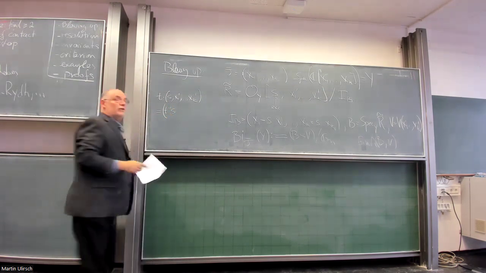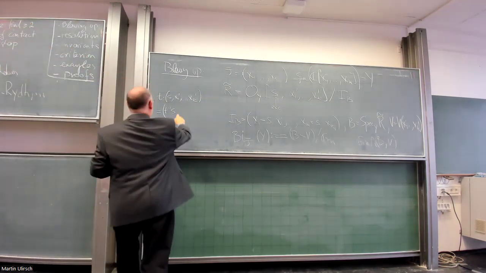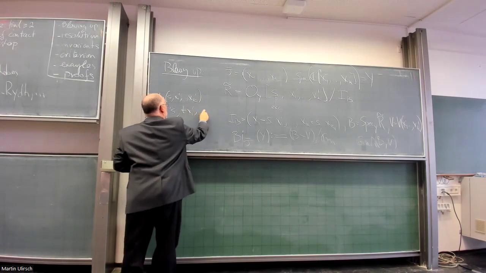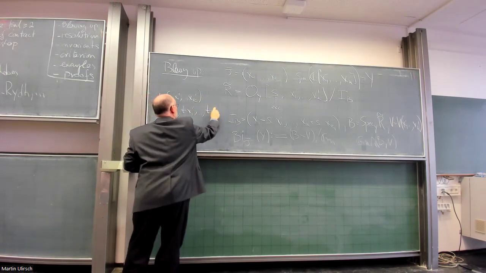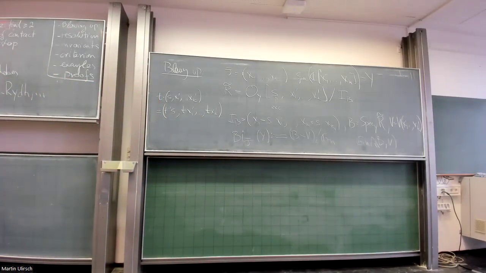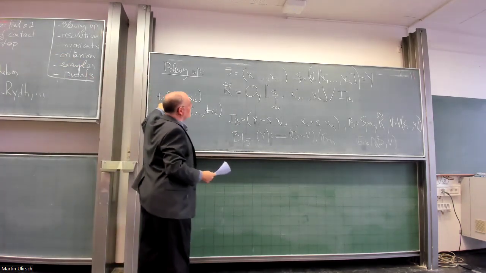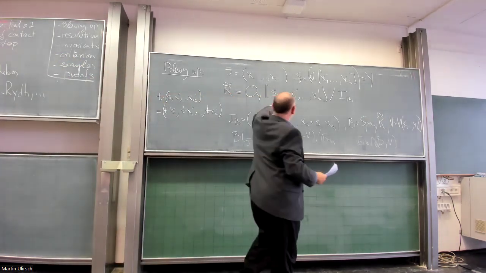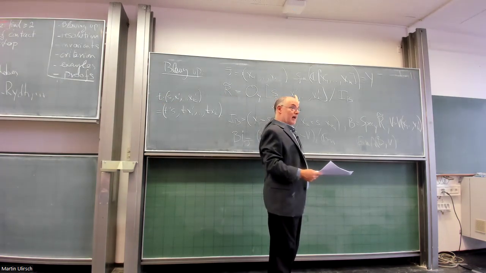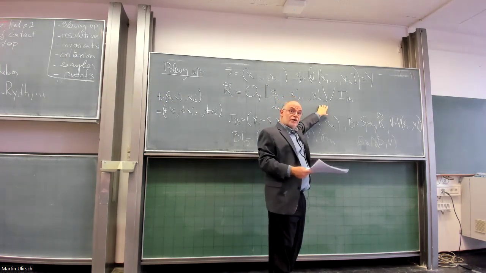So s, the exceptional variable, comes with a negative weight, and we note that this action can only have fixed points where these variables vanish.